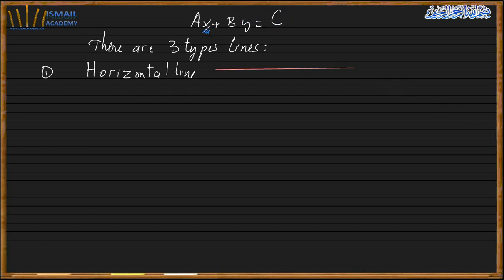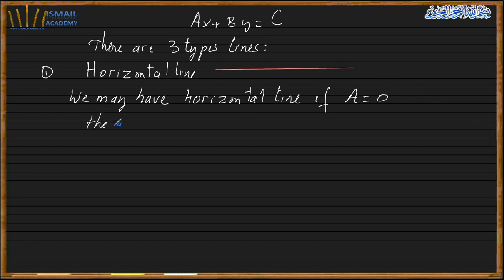So we may have a horizontal line if a equals 0, and b not equal 0, of course.